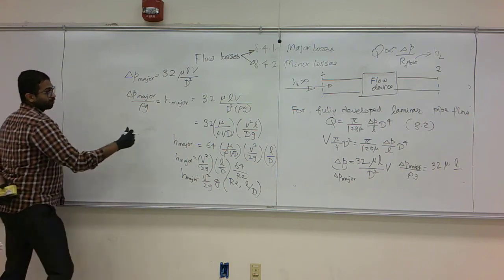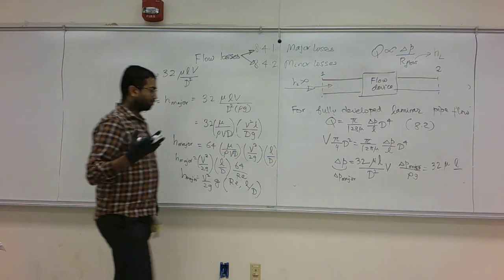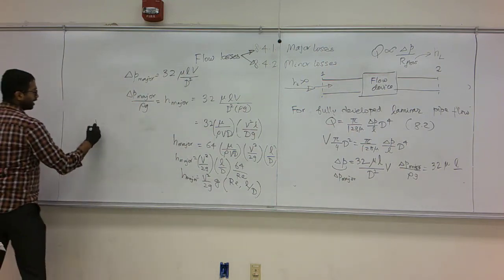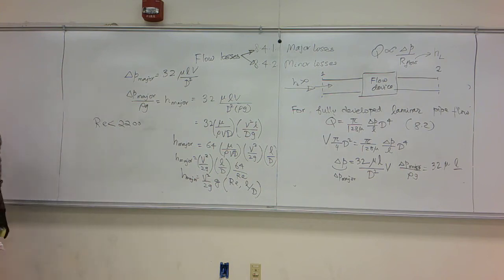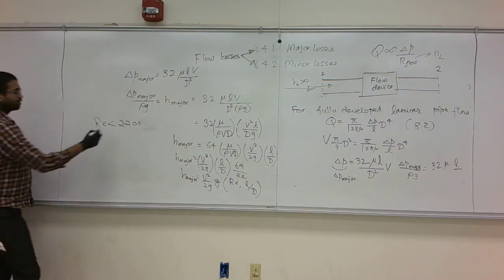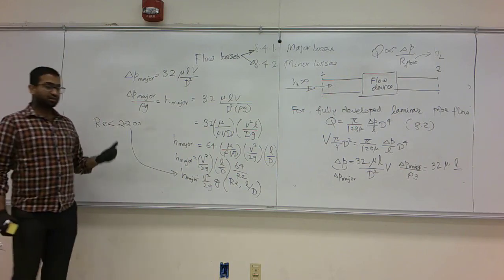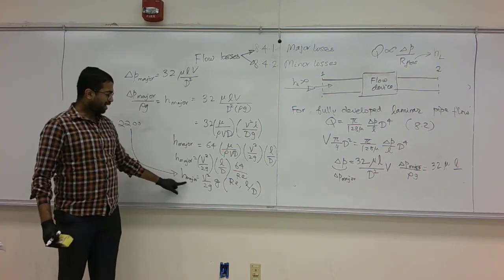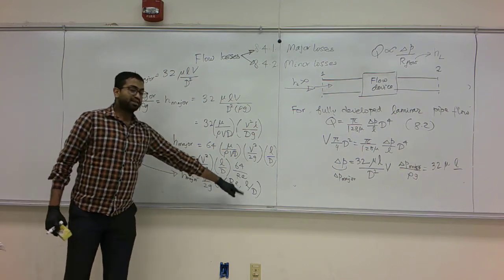Now, for fully developed laminar pipe flow, when is it strictly true? When is your flow really laminar? It is laminar when your Reynolds number is 2200 or less. So whenever your Reynolds number is 2200 or less, analysis tells us that the major head loss depends only on Reynolds number and the length.